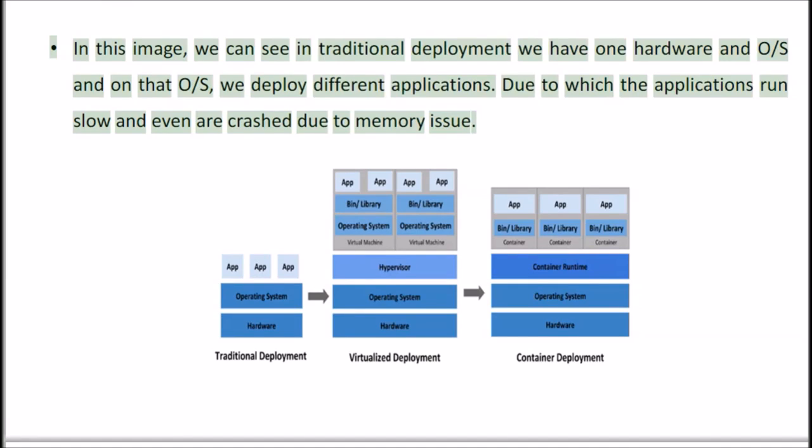In this image, we can see in traditional deployment we have one hardware and OS, and on that OS, we deploy different applications, due to which the applications run slow and even crash due to memory issues.